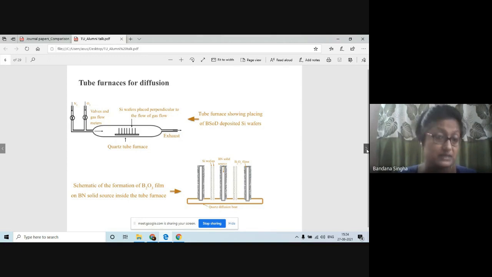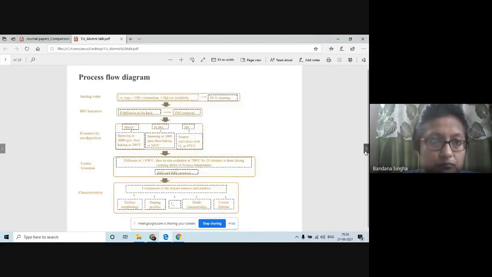Like, if the silicon wafer size is 2 inch, then we cut the boron nitride solid source to the same size as the silicon wafers, and those sources are also placed vertically, as seen in the figure. So this is the general process flow diagram which we used in carrying out the experiments.